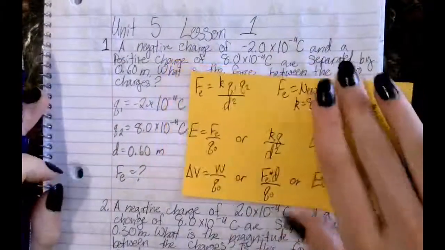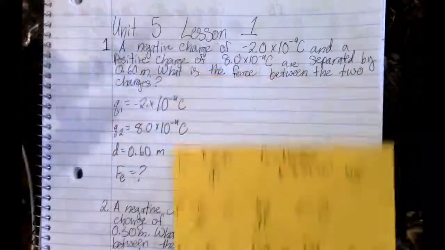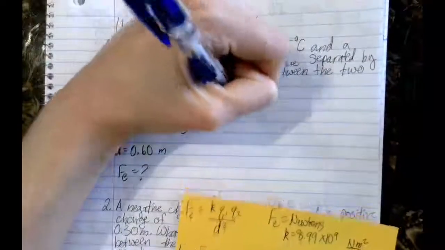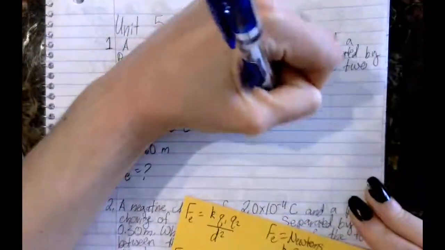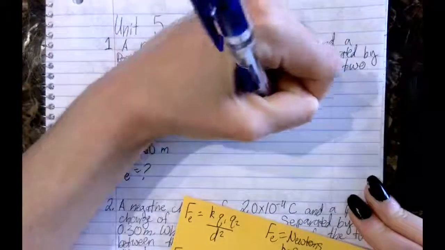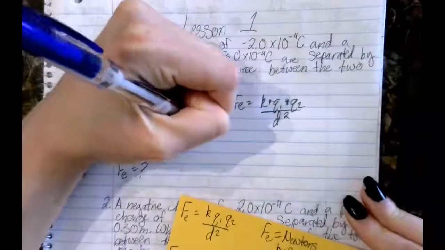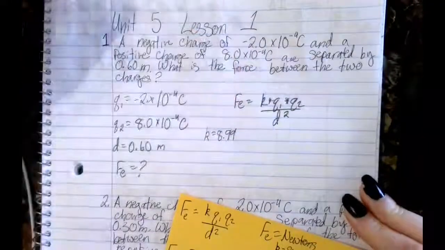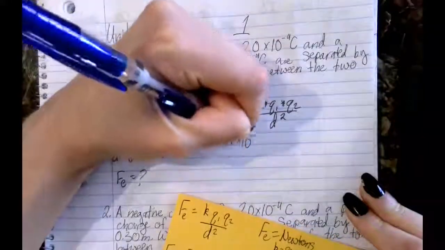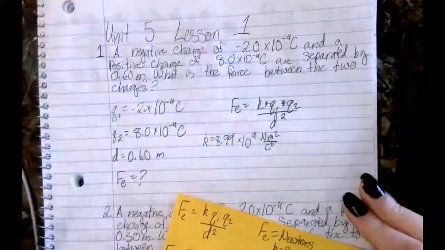So, based on what I'm given, I know I'm going to use this formula right here, where we've got Fe equals K times Q1 times Q2 over my distance between them squared. And I know K is a constant, that is 8.99 times 10 to the 9th newton meters squared over coulombs squared.